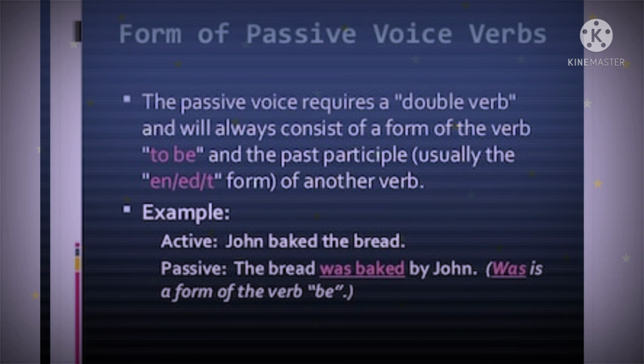That means there must be one of the be forms of verbs: is, am or are, was, were, been, being, etc. All these are be forms of verbs, and the passive form of the verb will always be in V3 form, the past participle form, or the third form of the verb.